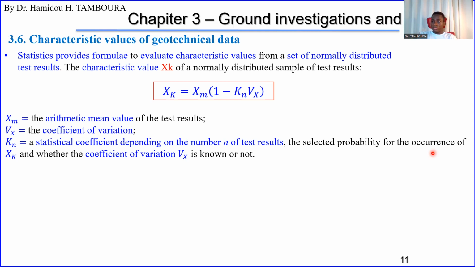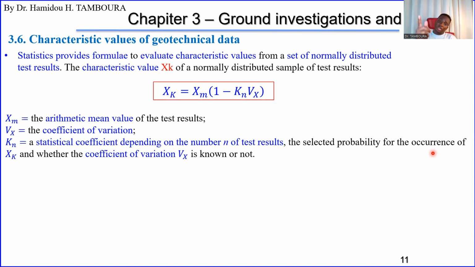What will you do? If you take 40 as the characteristic value for your design, what is the probability that you get exactly 40 on the construction side? What is the probability that you get 38 on your construction side?